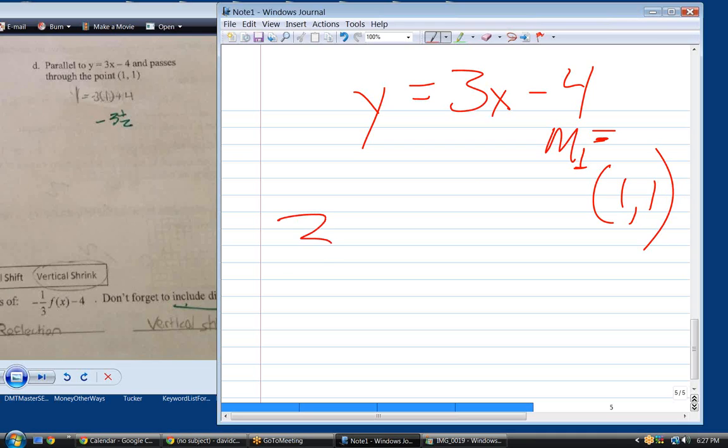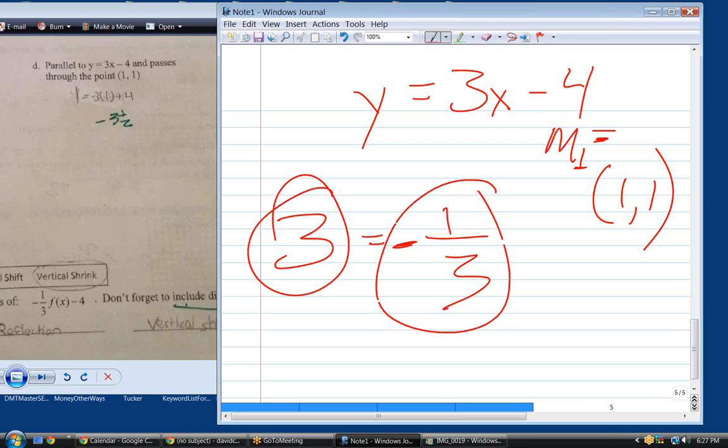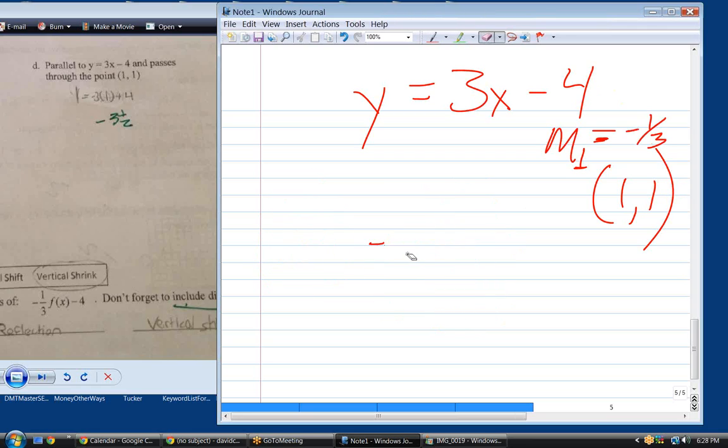The negative reciprocal of 3 is negative 1/3. So that's the slope of the line we're dealing with. The line that's perpendicular to this is going to have a slope of negative 1/3.